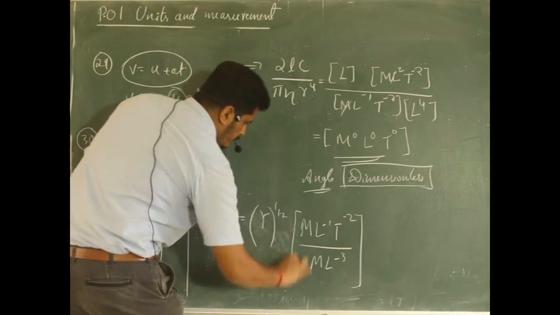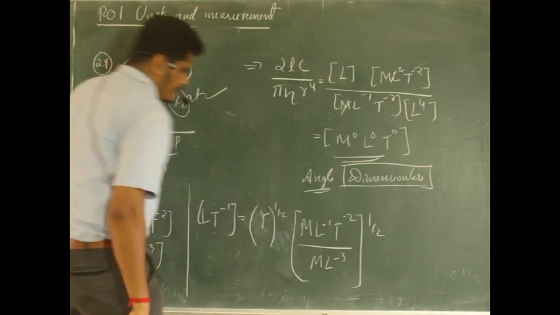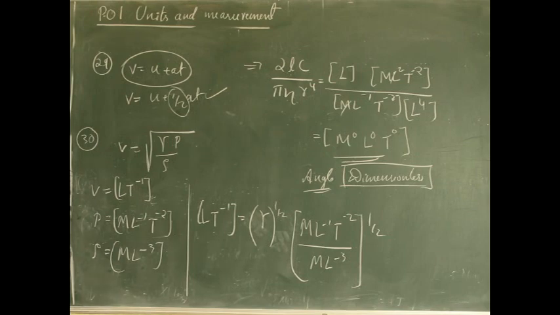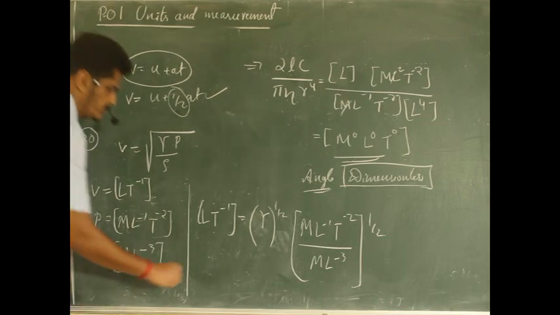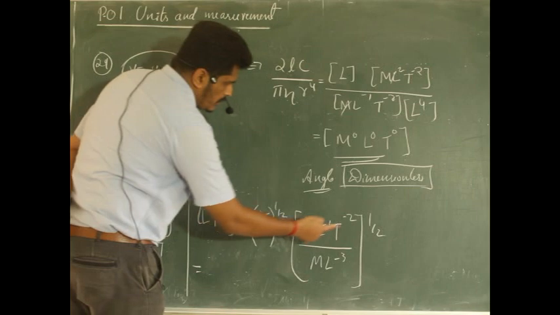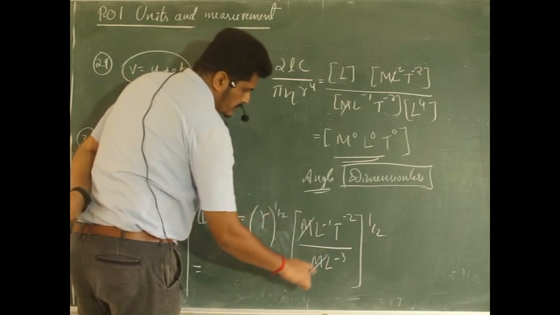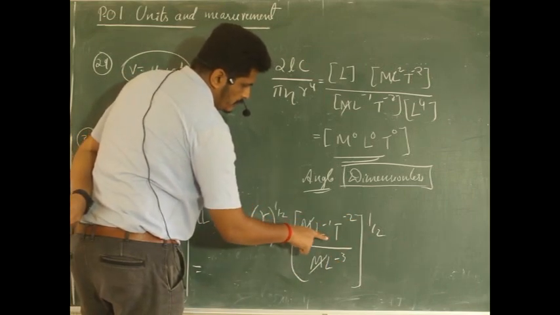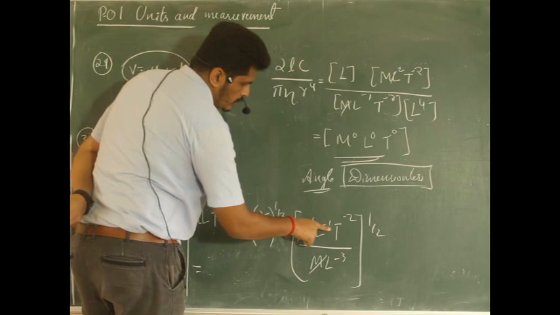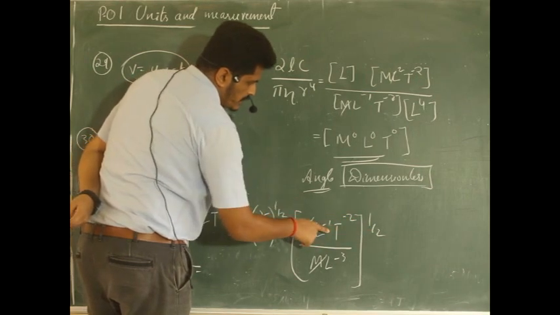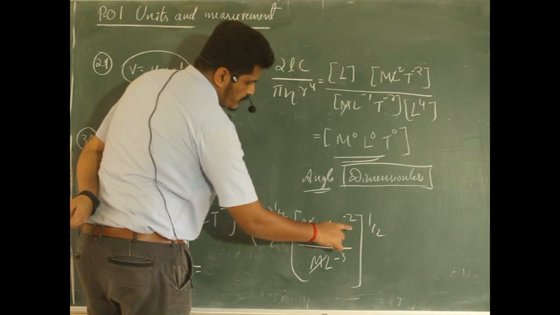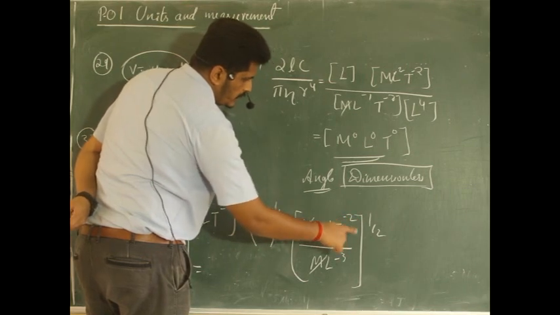For the whole of that I will take the square root separately. Soon after the substitutions, you can see that M cancels, and L minus 3 plus 3 gives L square.